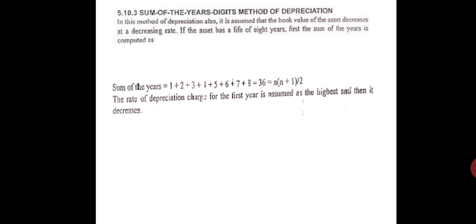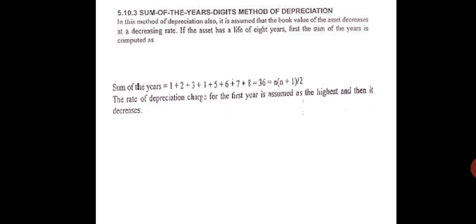The balance remaining value of the asset decreases more initially, then it reduces. So it decreases at a decreasing rate. If the asset has a life of 8 years, the sum of the years is computed as 1, 2, 3, 4, 5, 6, 7, 8, so that becomes 36.